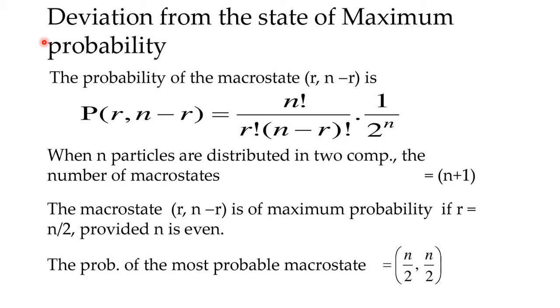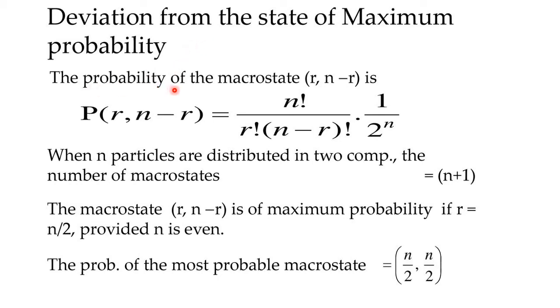Now let us come to the deviation from the state of maximum probability. What is the state of maximum probability? The state where the particles tend to stay for the maximum time is called the state of maximum probability. So deviation means, if we deviate a bit from the state of maximum probability, what is the effect?